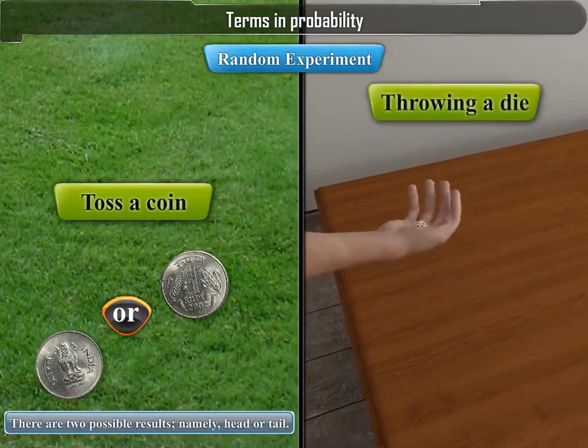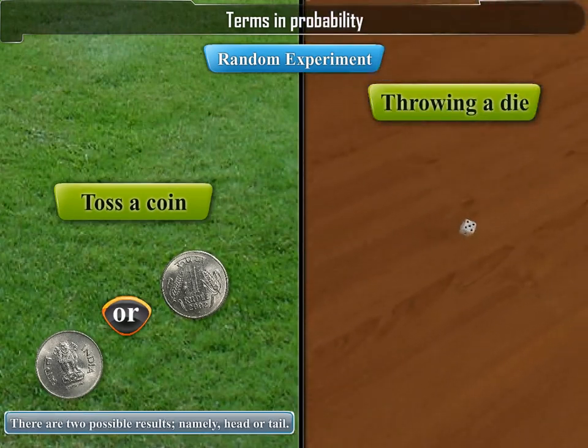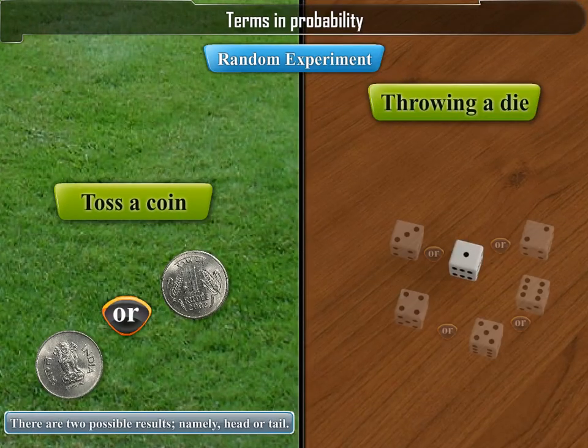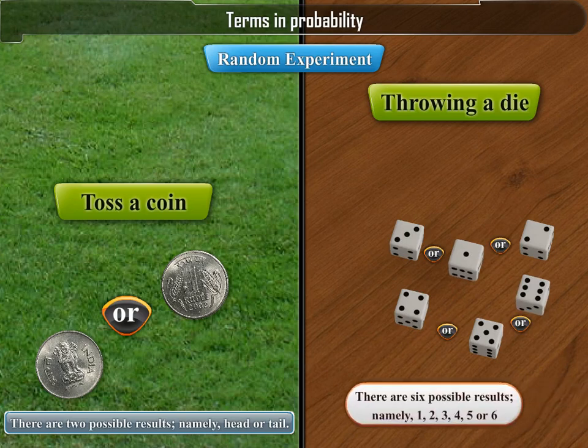Now, throw a die. Can you predict the number that appears at the top surface? No, it's not possible. Any number that is 1, 2, 3, 4, 5 or 6 can appear at the top surface. This means there are 6 possible results.